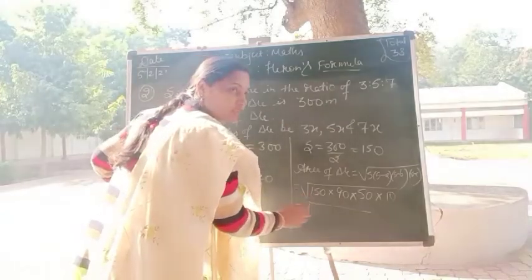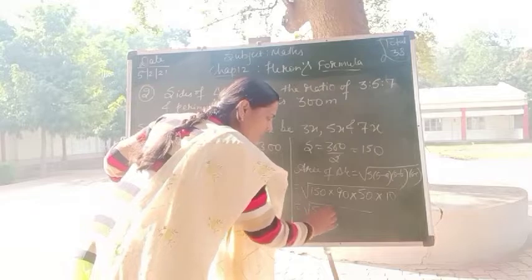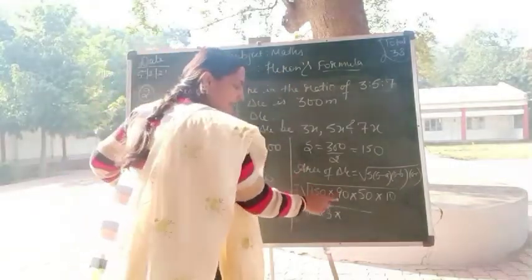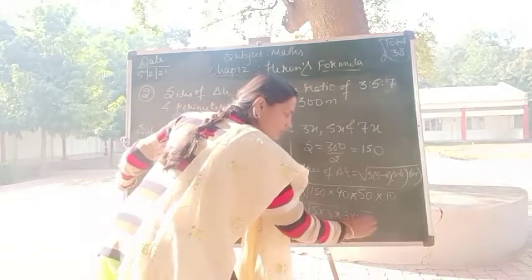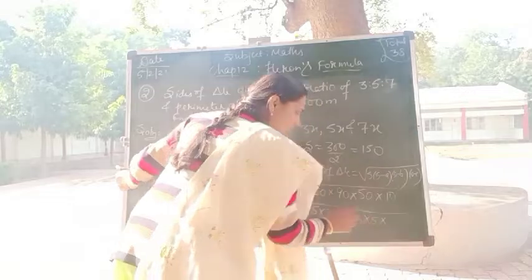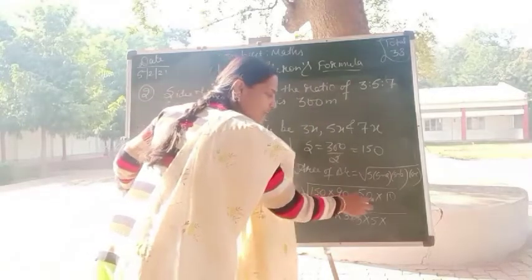Let us do one thing. 15 is 5 3s are 15. I'll take zeros at the end. 9 is 3 into 3 and 5 as it is. How many zeros are there? 1, 2, 3, 4.